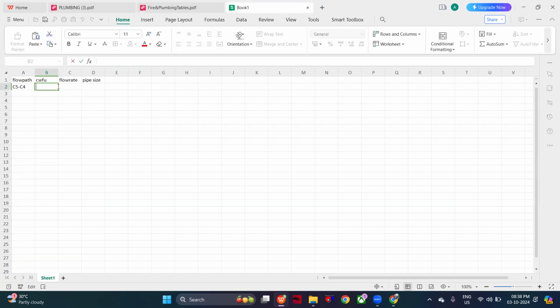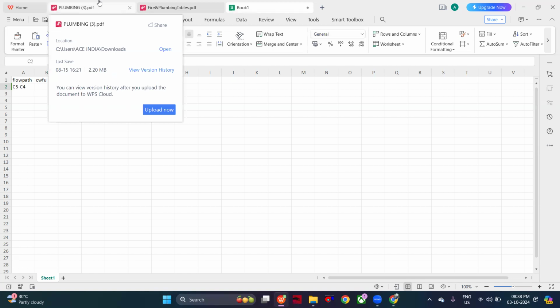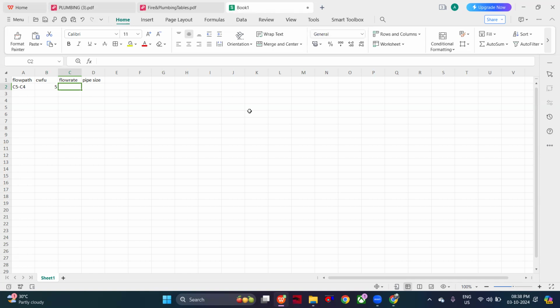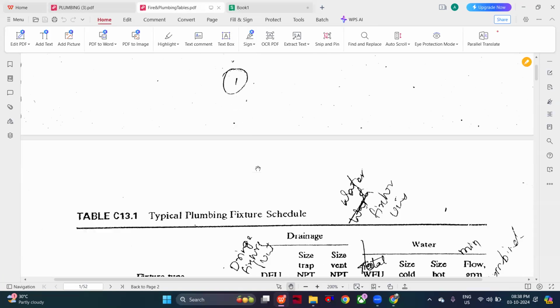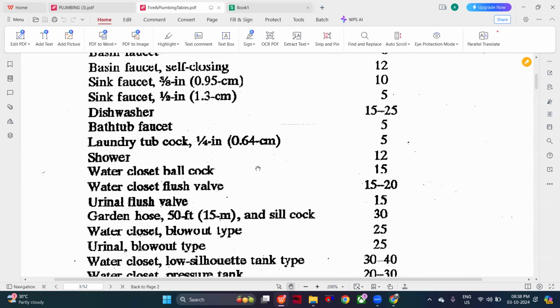Yeah, 5. Then the flow rate. Here we can take the individual flow rate. That means only the water closet is doing, or you can take it from that table page number.